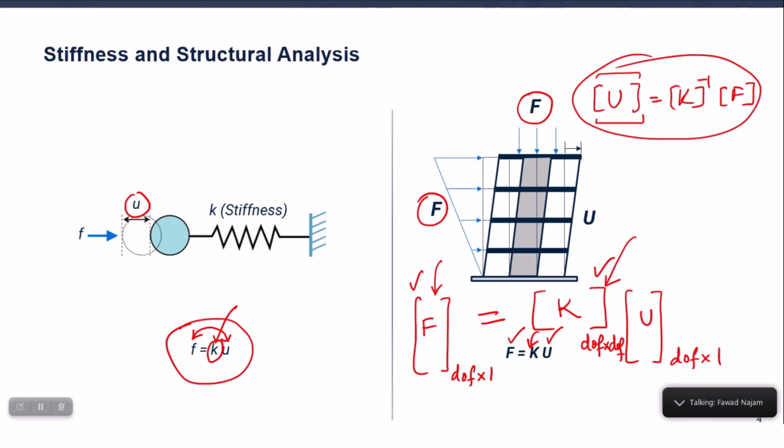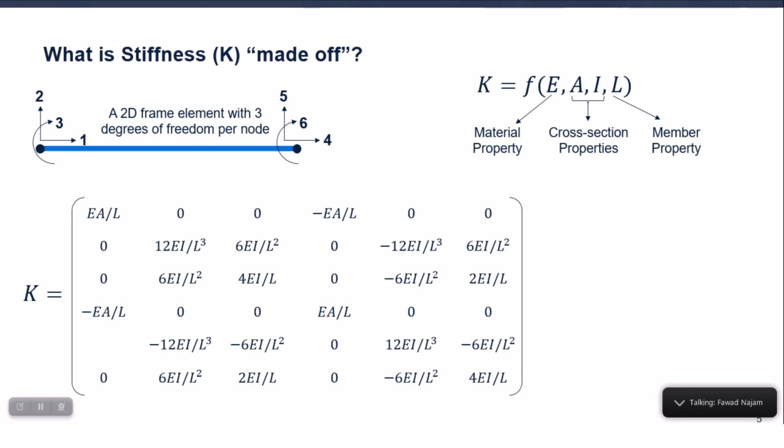Now, when the program implements the finite element method, all of them know how to construct the K matrix using the given information from the user, and that includes material properties, cross sectional sizes, and the geometry of the structure, like length of all the members and heights and everything, right. So, just to give you an example, what is that K made of?